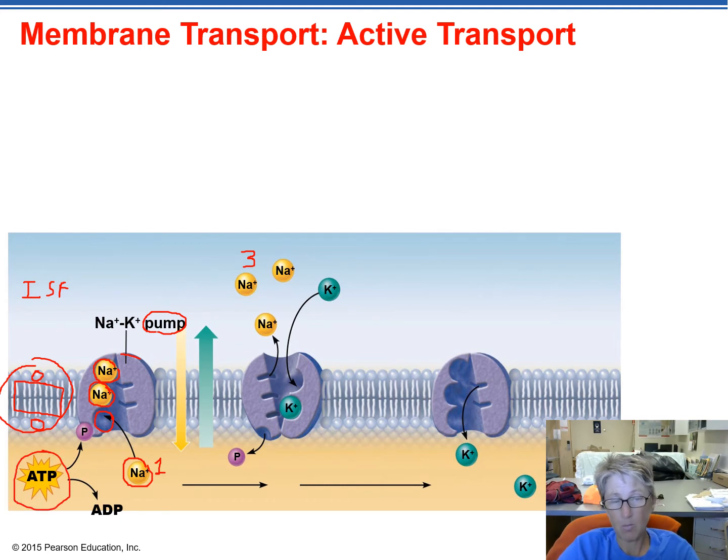That's active transport. In this cartoon, it shows ATP gets hydrolyzed. That means one phosphate is taken off, put here, and a whole bunch of energy is transferred, and you're left with ADP. But what you do is pump sodium against its concentration gradient from the intracellular fluid to the interstitial fluid.